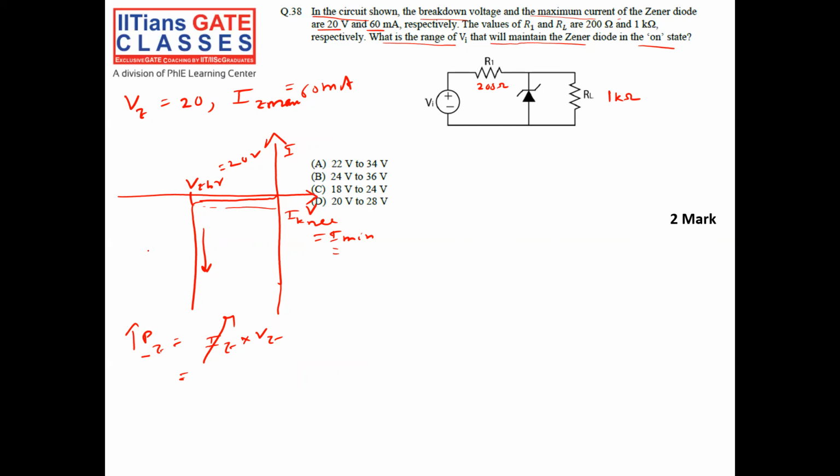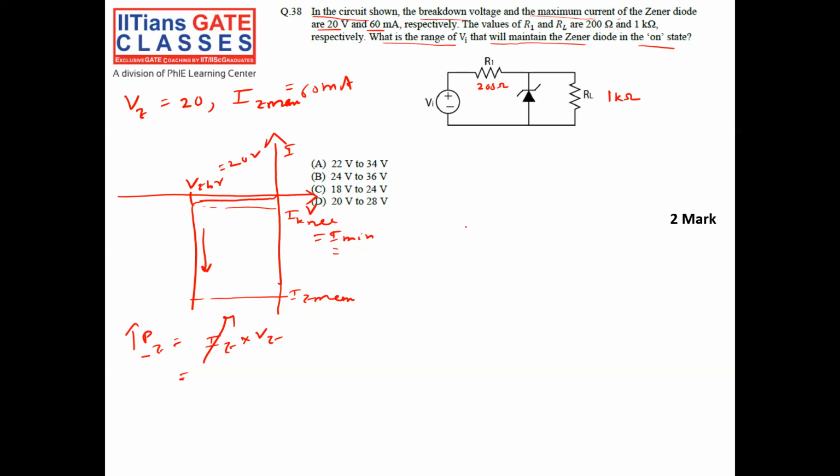So there will be a maximum current, Iz maximum. After that, it will not support more current, because the package is designed to dissipate only this much power. Otherwise, it may get burned, or the package may be destroyed. So what is the takeaway from this explanation?